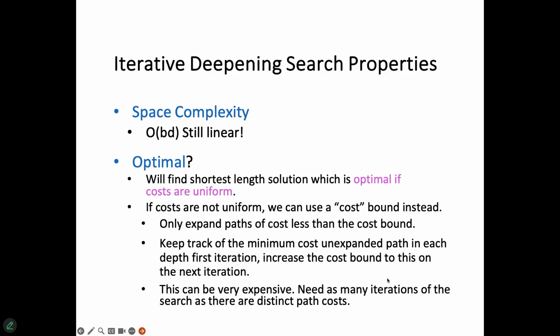In terms of the space complexity, it's still linear. So we said this is because at any point we are only storing the current depth first search path, right? And it backtracks.